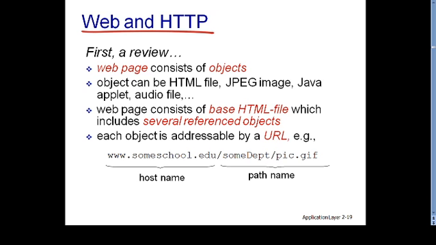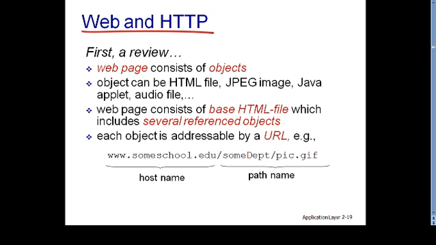What I mean to say is a web page consists of a lot of other objects which are not included primarily in that initial web page. Initially, a base HTML file comes at the client side, and then you will find referenced objects in that HTML file, and all the objects are addressable.